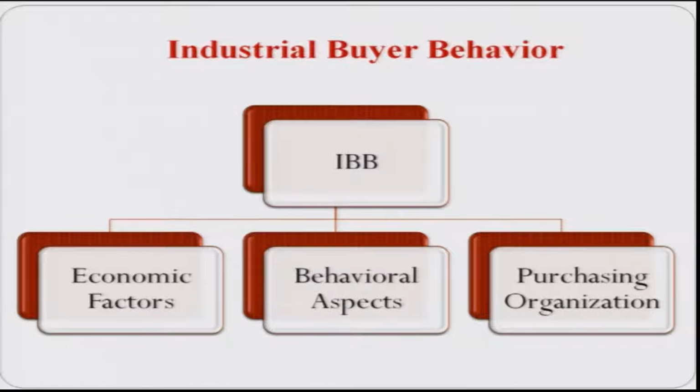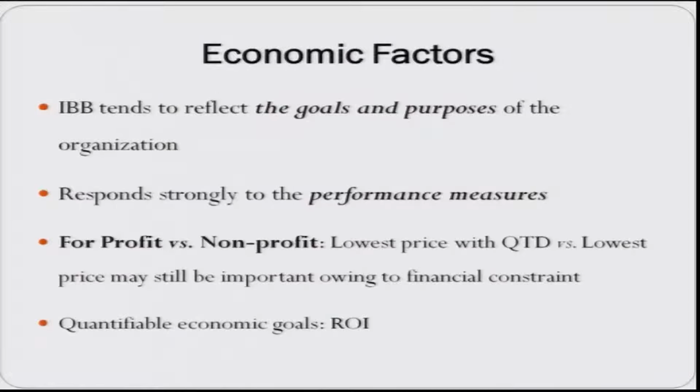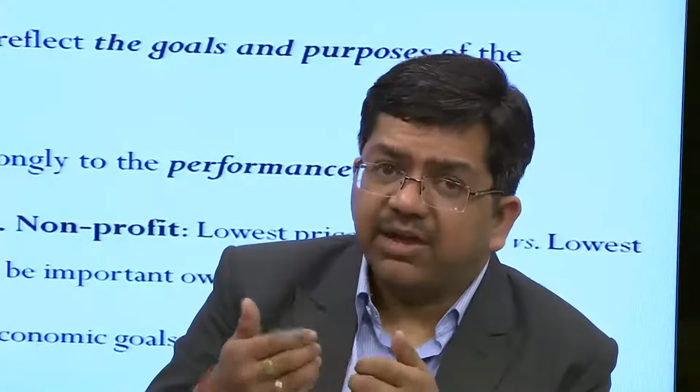In the economic factors, you will see that industrial buyer behavior tends to reflect the goals and the purposes of the organizations. The organizational policies for the procurement organizations are designed in a way that they cater to the objectives of the organization, and when these policies are aligned with the objectives of the organization, the industrial buyer's behavior will get aligned with the organizational goals and purposes.